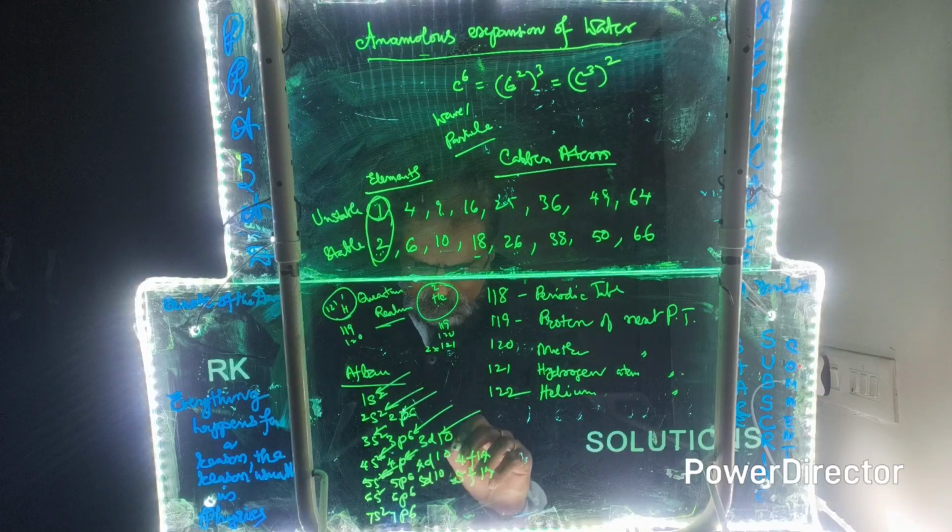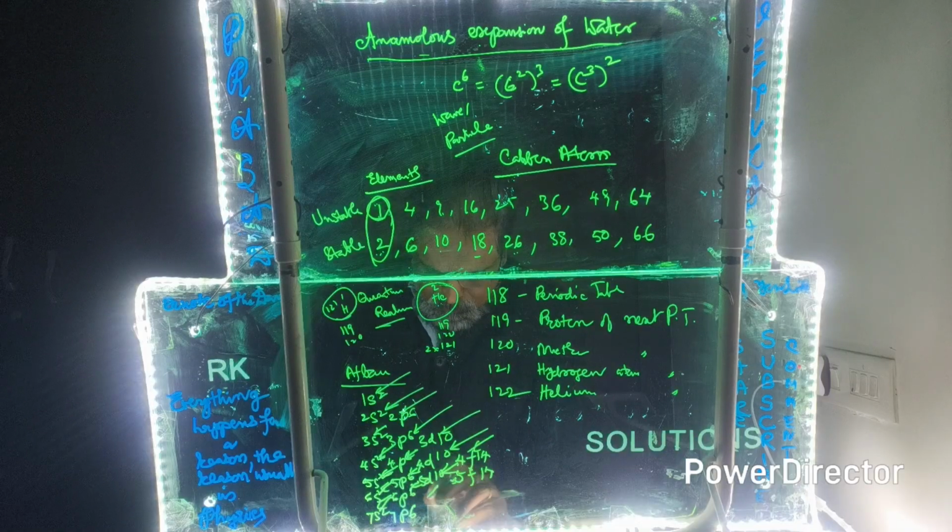Electrons go on filling like that. And at the end, we have 5f14 and 7p6. So this completes 118.